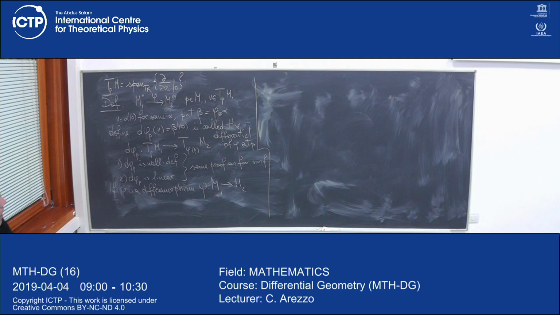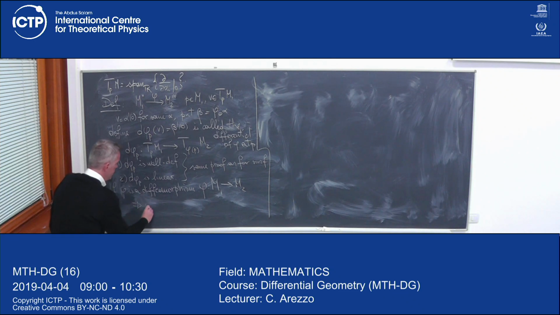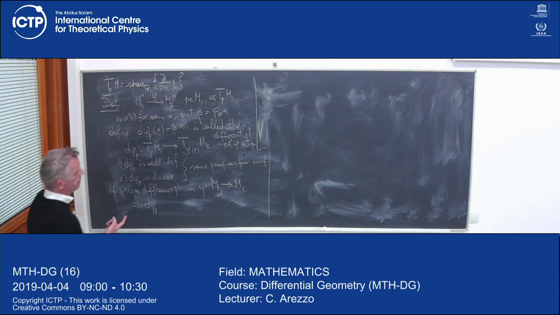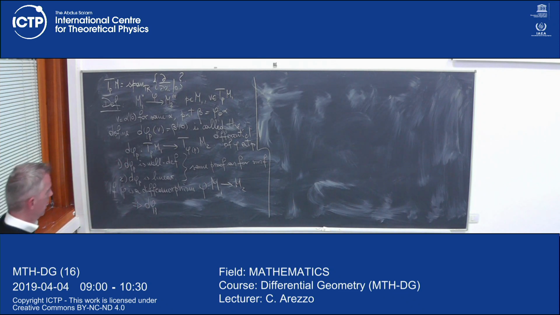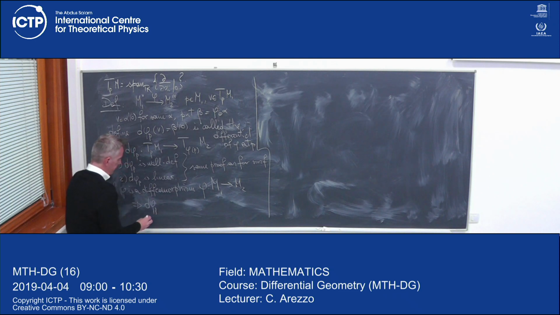And actually, the differential d phi, it's automatic. In fact, it's probably the simplest way to prove what I just said. To check that if something is a diffeomorphism, d phi, now this goes from where to where?